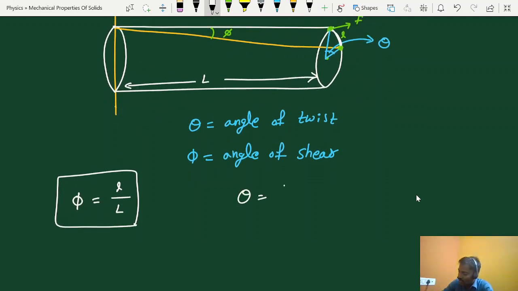Angle is equal to arc length by r, where r is the radius of the cylinder. Right, students?